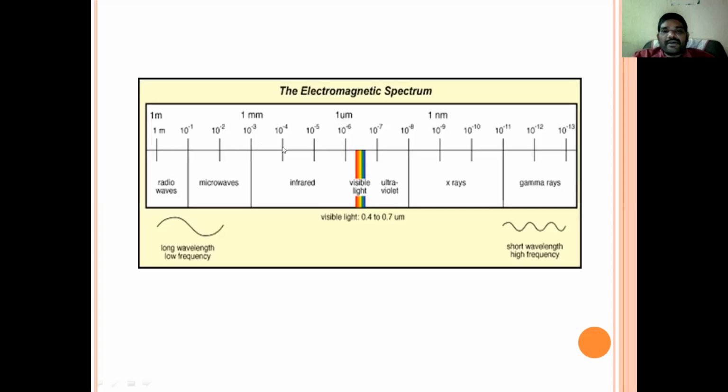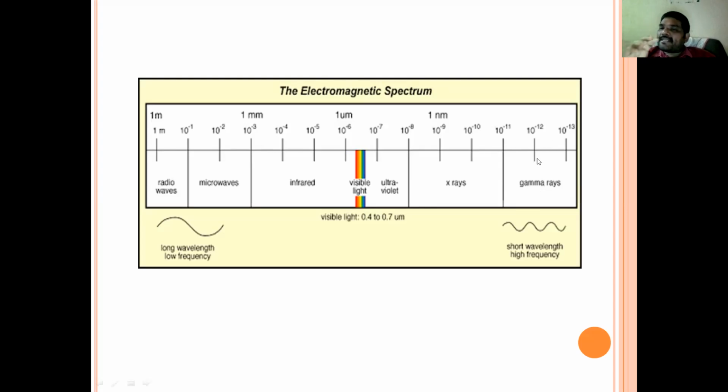For example, from 10 power minus 11 to 10 power minus 3, you just mentioned gamma rays. If the energy is measured here, that gives the information about the spectral reflectance of the object at this particular band. That is called spectral reflectance.